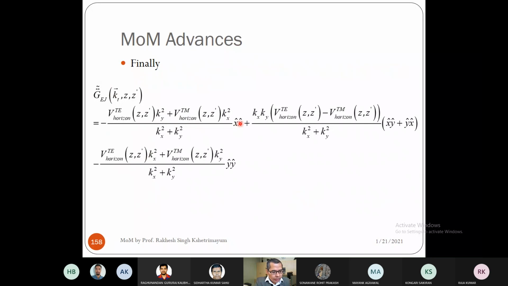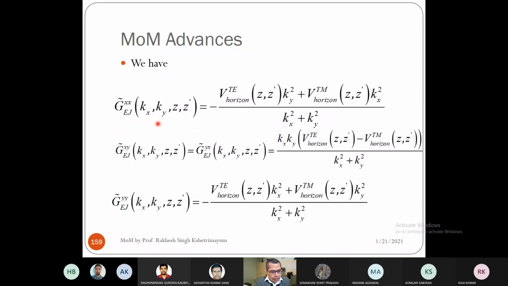One is the x hat x hat component, and this y hat x hat component, and this x hat y hat component, and this y hat y hat. So once you know this voltage here, and you know what kx and ky are, you can find out the Green's function. All you need to do is find out this voltage here for the TE case and TM case.